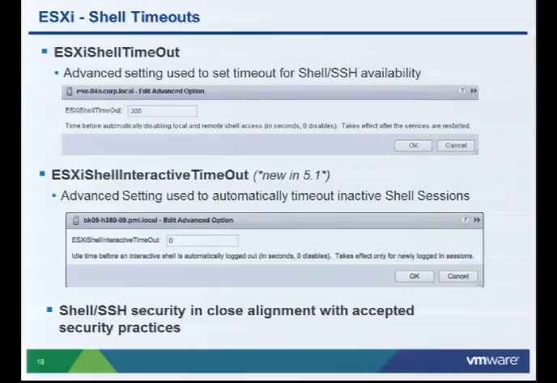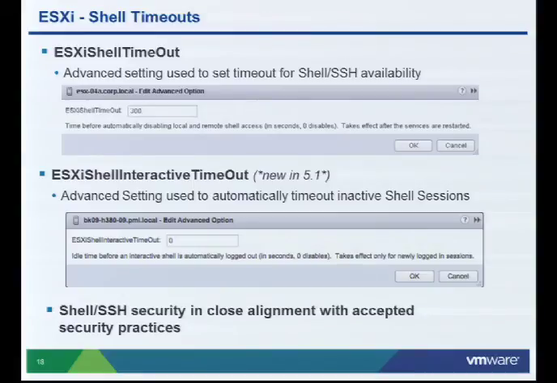So the first one, the shell timeout, controls the timing and activation of the shell and SSH services. Normally, we believe that you should leave these services disabled. If you don't need them, you do not want those extra attack vectors. You don't want those extra vulnerabilities of services running, ports open that you don't expect to use or need.